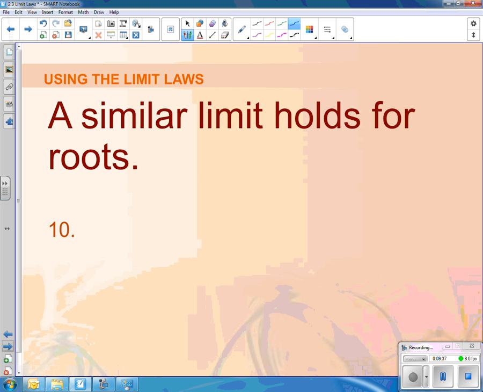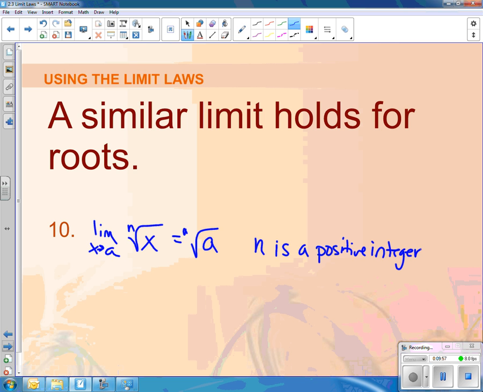So we have the limit as x approaches a of the nth root of x is going to equal the nth root of a. In this one, you just want to make sure you note that n is still a positive integer. So second root, third root as examples.